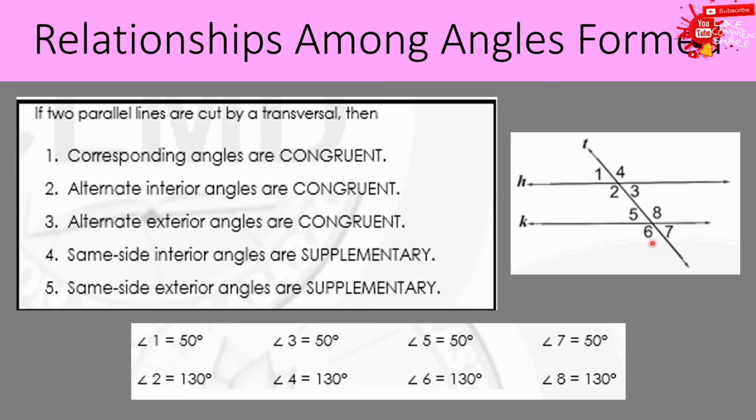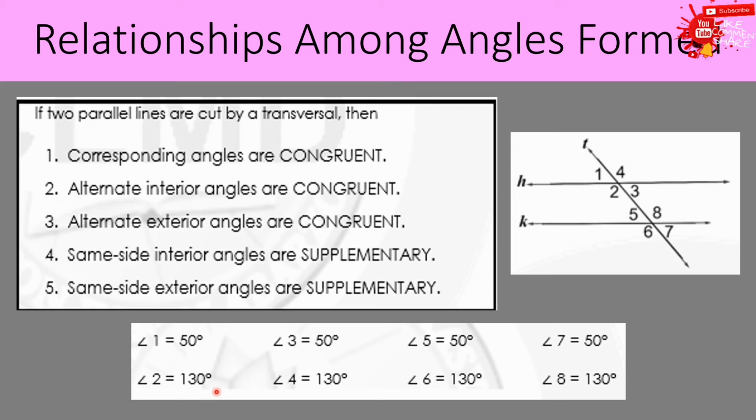Now, angle 6 is alternate angle with angle 4. So angle 4 and angle 6 are alternate exterior angles. And alternate exterior angles are congruent. Therefore, if angle 6 measures 130 degrees, then the measure of angle 4 is also 130 degrees. And of course, we have here angle 2, which measures 130 degrees.